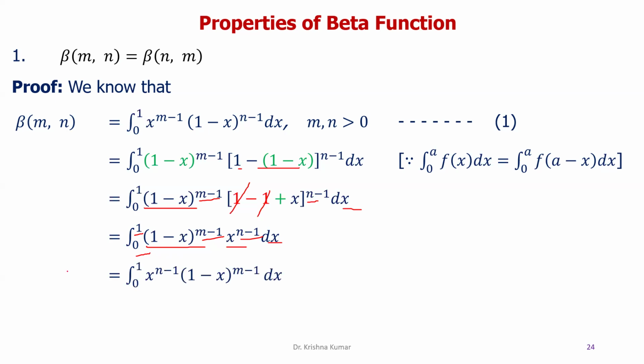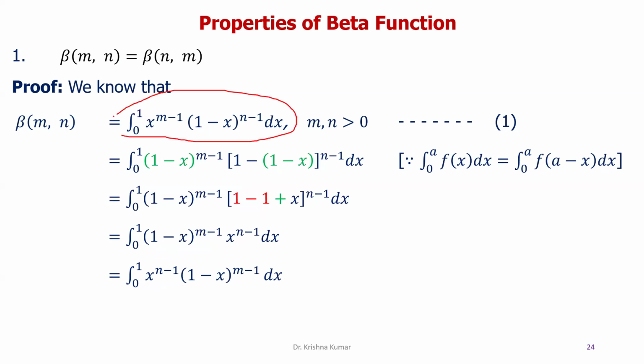And this is nothing but the integration of x to the power n minus 1 (1 minus x) whole to the power m minus 1 under the limit 0 to 1 with respect to x. Now if we compare this with the definition of beta function, in place of m it is n, and in place of n it is m.